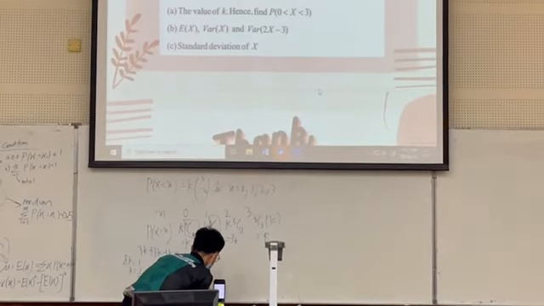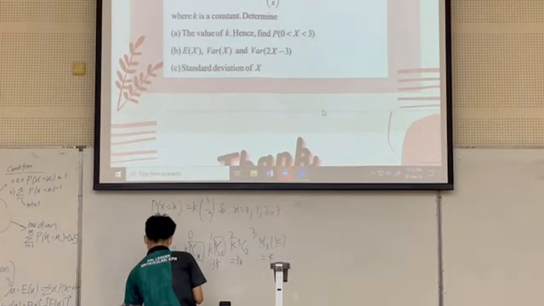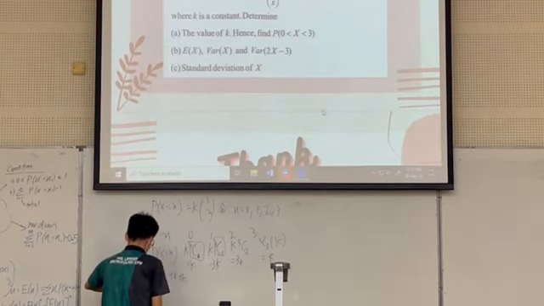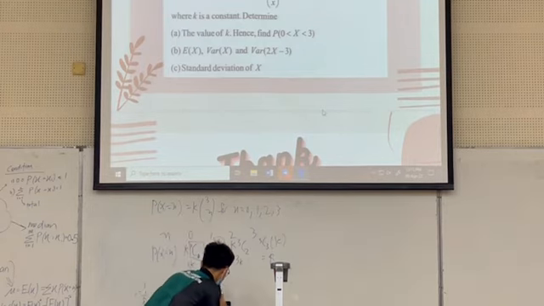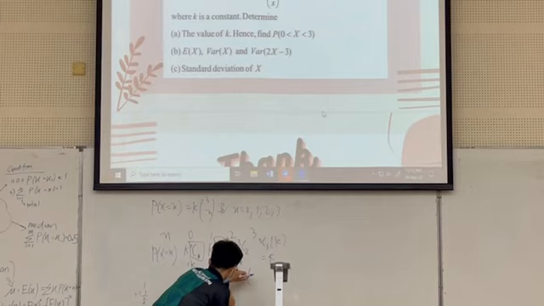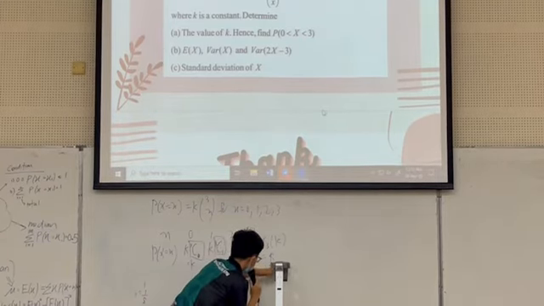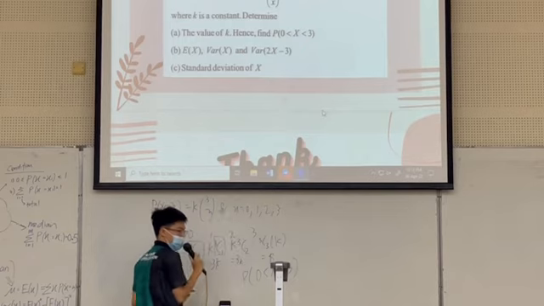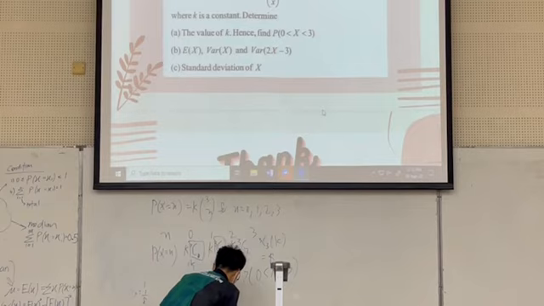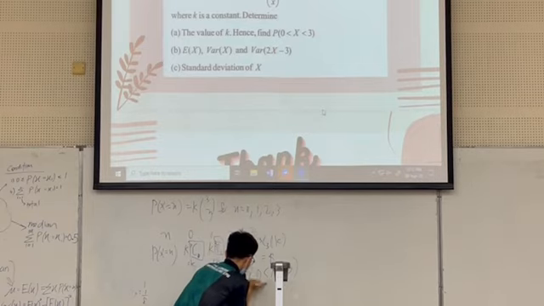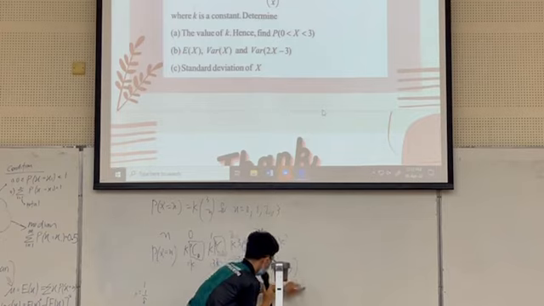Okay. Now we want to find p between 0 and 3. So between 0 and 3 means that we want to find a 1 and a 2. So it equals p x equals 1 plus p x equals 2.